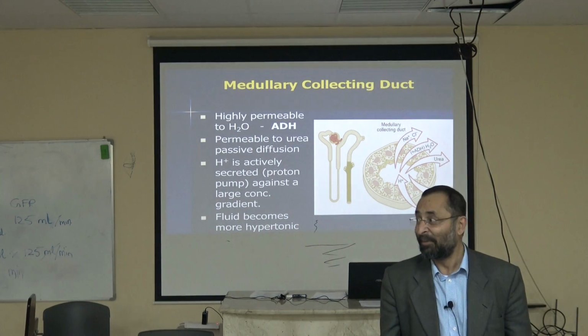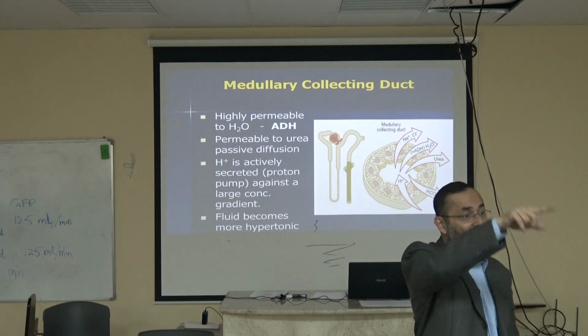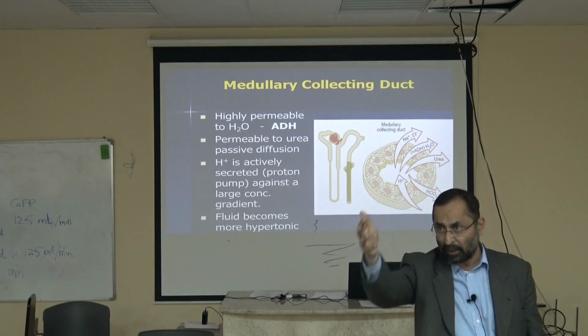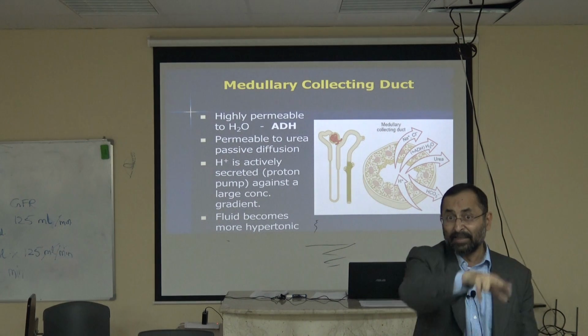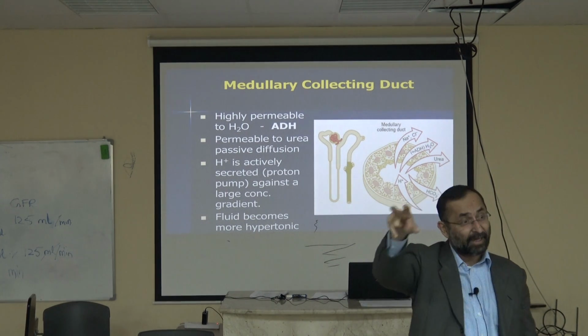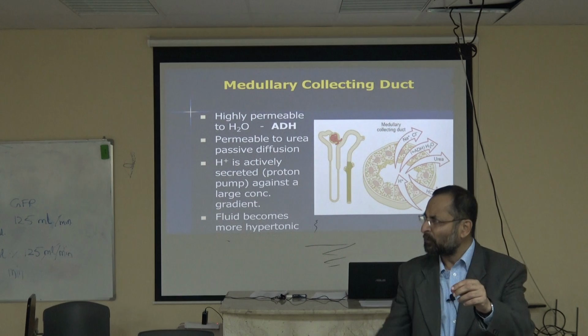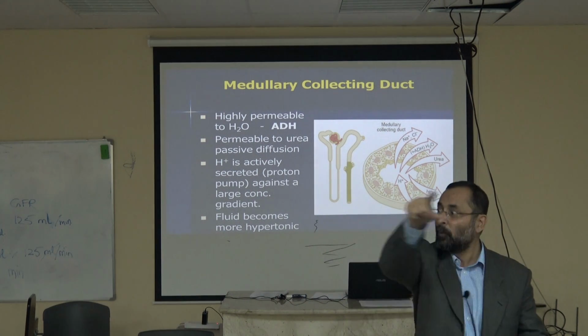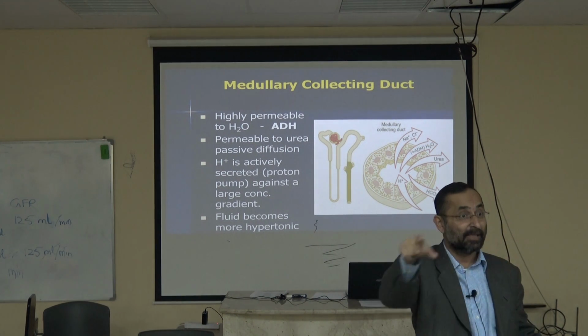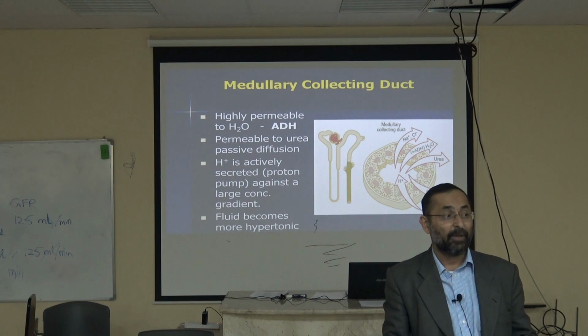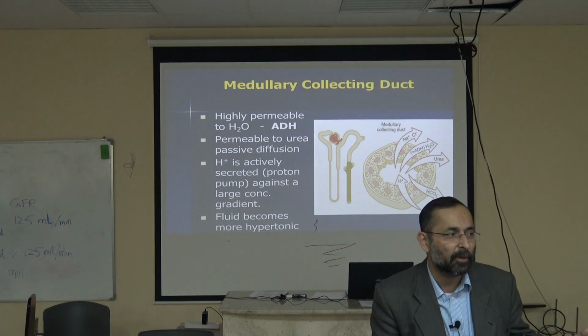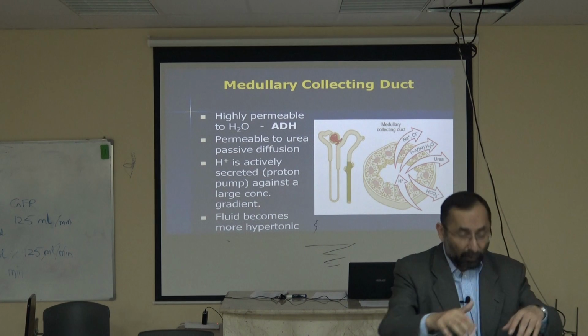The role of urea will come. It is circulating in the interstitium. It is again entering, coming out, again entering. So urea is circulating between interstitium and the tubules. Half of it is passing in urine and half of it is circulating between the tubules and the interstitium. And we'll see why this urea is important, why it is circulating, and what it is doing.